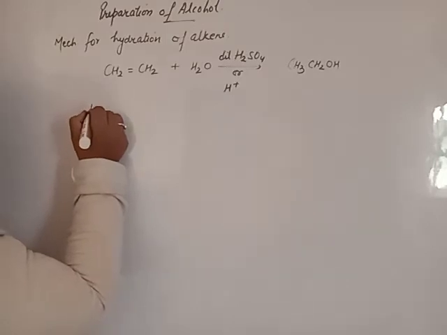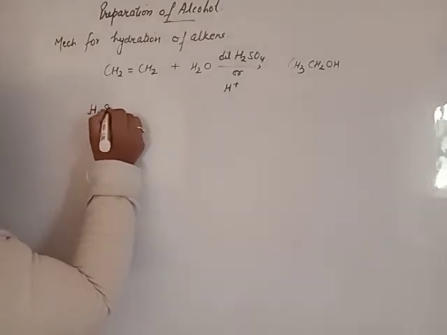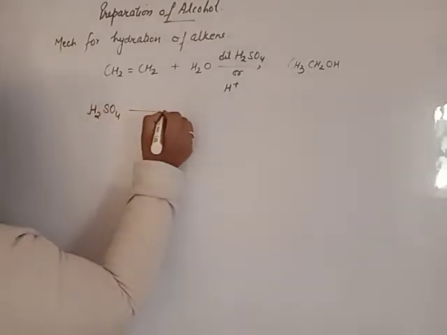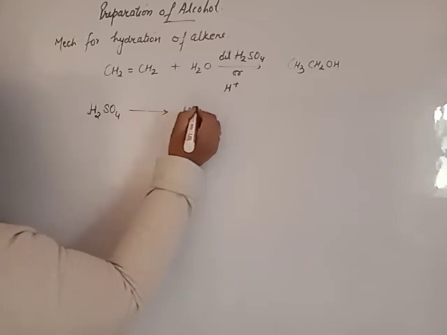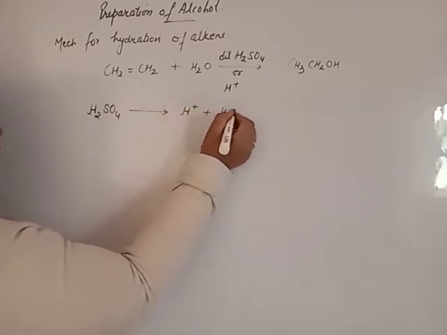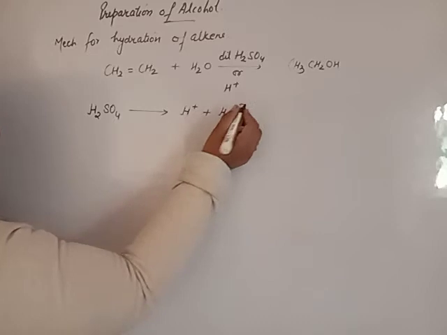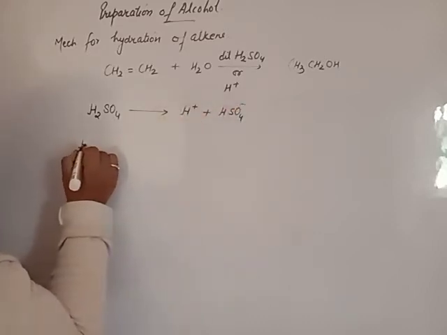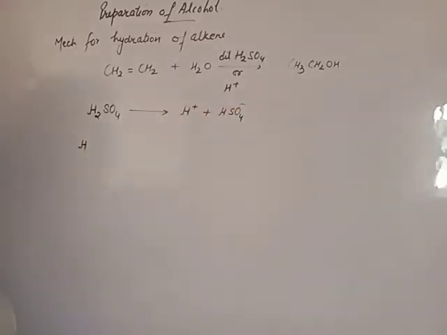Beta, first of all, we have sulfuric acid. This sulfuric acid dissociates into H positive and bisulfate ion. This H positive will attack the alkene.